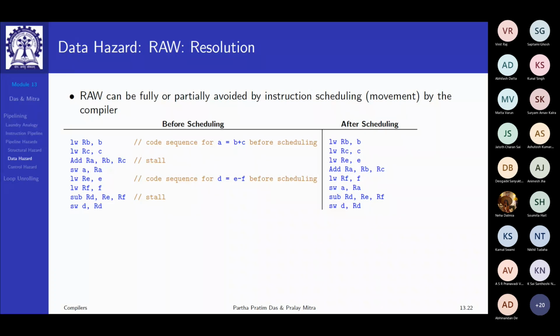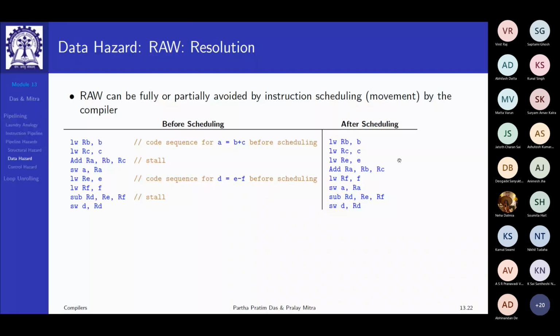But with the power of data dependency analysis, we can see that this load of E into RE has no effect on the computation of the first one. So we can promote this instruction before add.